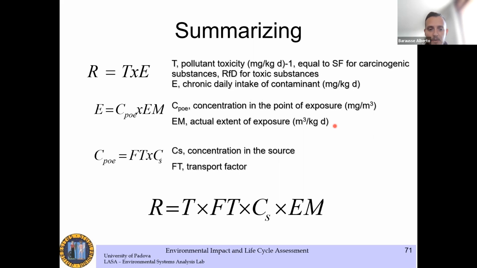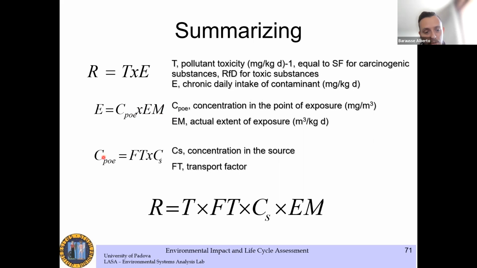And then the magnitude can be expressed, as done here, as the product of your pollutant toxicity and your exposure, your intake of contaminant. The exposure in the point of exposure you can calculate as the concentration of your contaminant in the point of exposure times the actual extent of exposure, which you can calculate with simple models and precautionary assumptions.